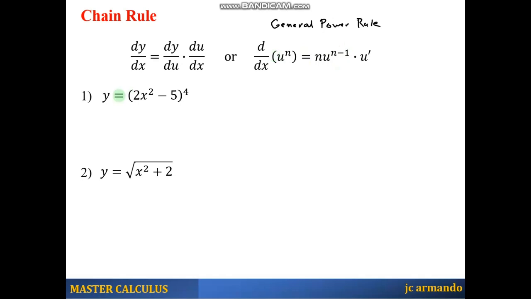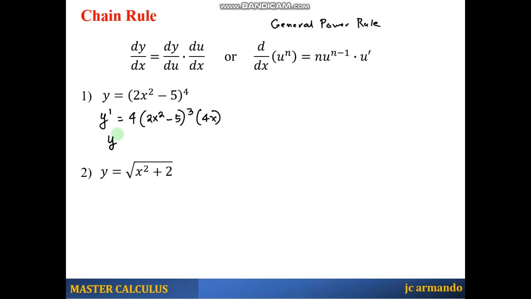Let's have an example. We have y equals 2x squared minus 5 raised to 4. So by chain rule or the power rule, we have y prime equals, so just bring down 4, copy 2x squared minus 5, then 4 minus 1, that is 3, times derivative of 2x squared minus 5, derivative of 2x squared, 4x, then derivative of 5, 0.